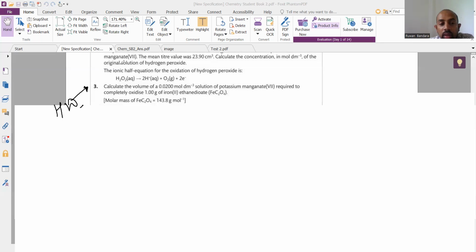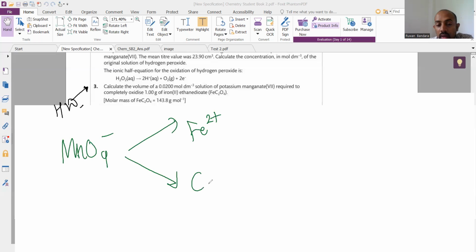Harry. So, are you okay with the titrations that we have done with KMnO4? KMnO4 means MnO4 minus. We did 2 titrations with Fe2 plus and with C2O4 2 minus. Ratio is 1 to 5. Here, 2 to 5.